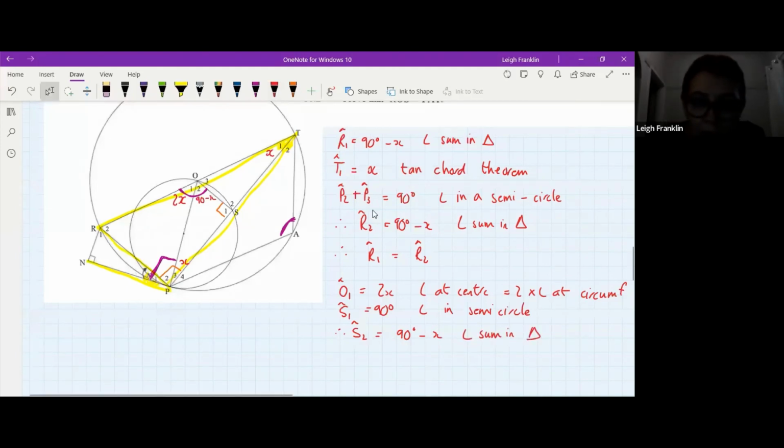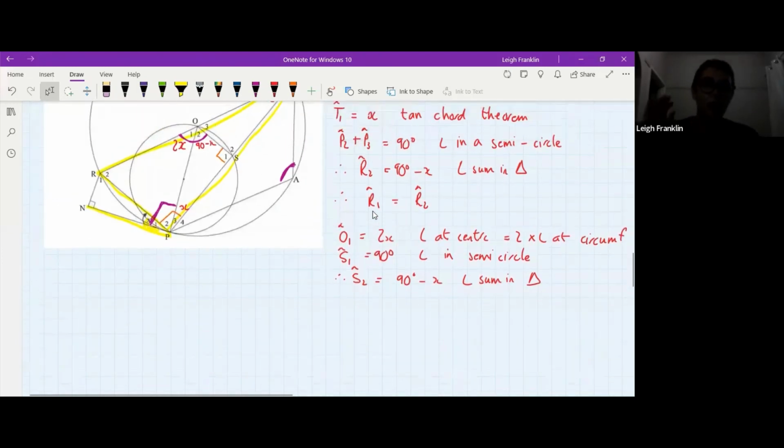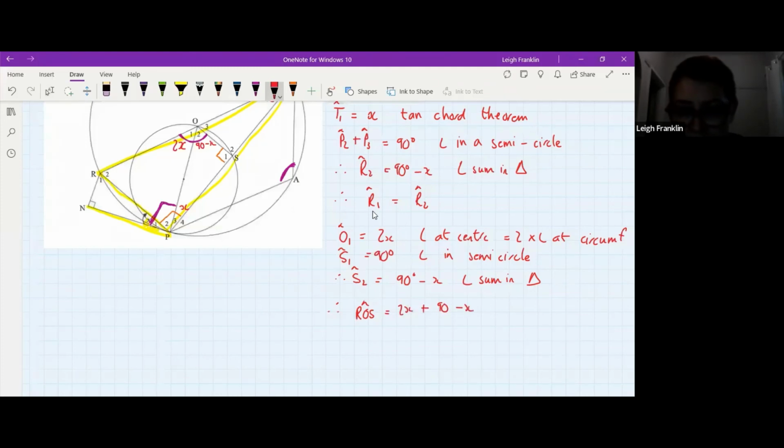So what I'm doing now is establishing how big angle ROS is. Therefore, ROS is 2x plus 90 minus X. So ROS is 90 plus X in size.